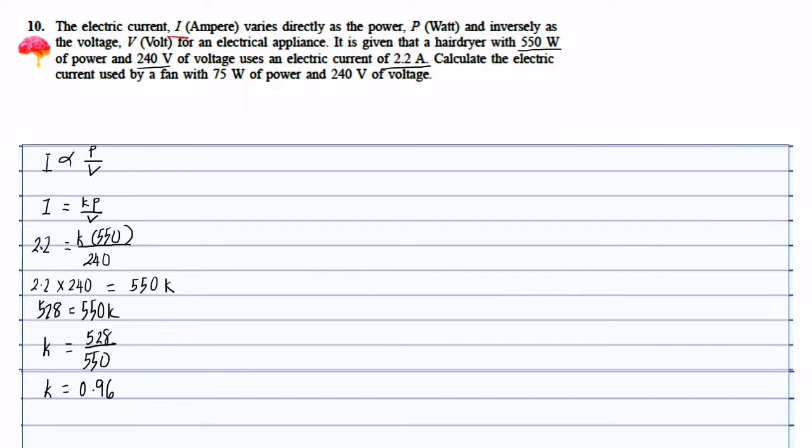Okay, and after we obtain the value of the constant, don't forget to write the complete equation. So I equals 0.96 P over V. If I write in fraction, k equals 24 over 25.